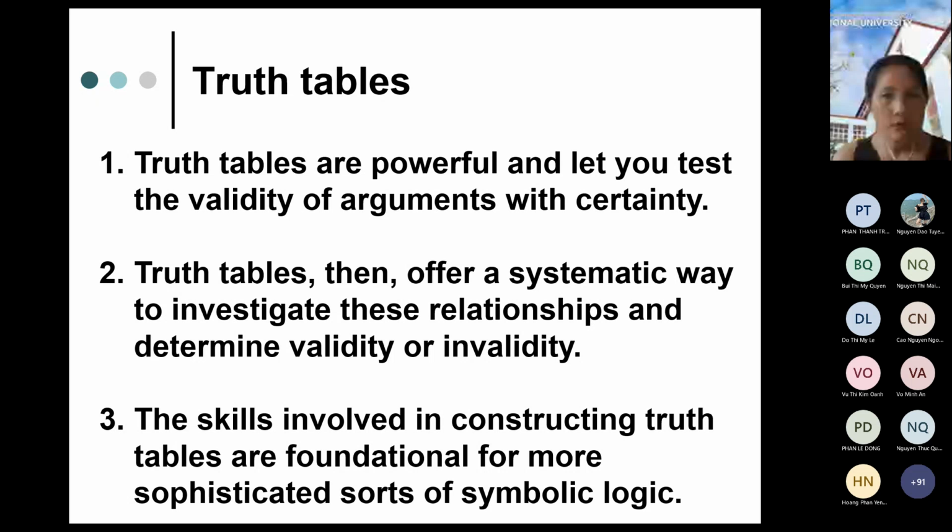The truth table means a table to tell you the truth about all of the possibilities for the value of the premise and conclusion based on the value of the variables that we have in the argument.